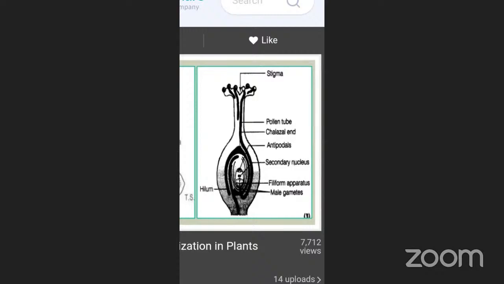The synergids secrete some polysaccharides, mucopolysaccharides, which are water-swelling, slimy substances diffusing out of the filiform apparatus. The maximum content of the guiding chemical is proved to exist in the synergids by autoradiographic studies using the C14 compound.